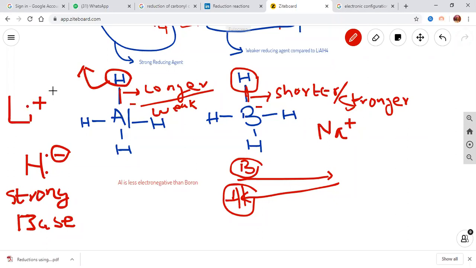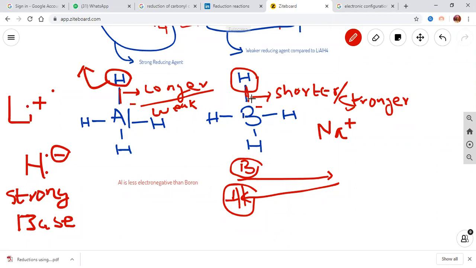So we are mainly concerned with the aluminum hydride and boron hydride. In this case, this bond is longer and weaker. So one of the hydrogen atoms can easily break away, and they form hydride ions, which are strong bases.